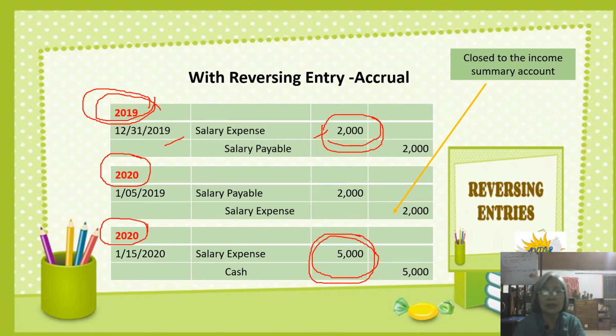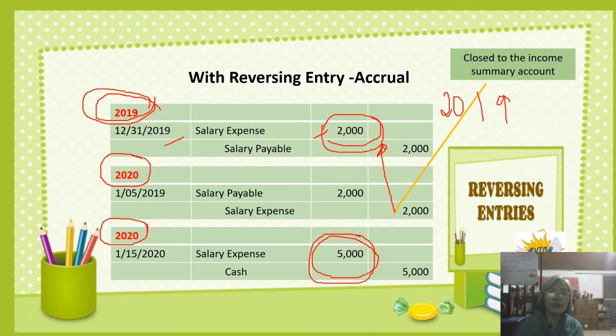Itong salaries expense na to, na-record na yan sa income summary account. Kinlose na natin yung 2,000 na yan sa income summary account, di ba? Naging part na yan ng financial statement ng year 2019.